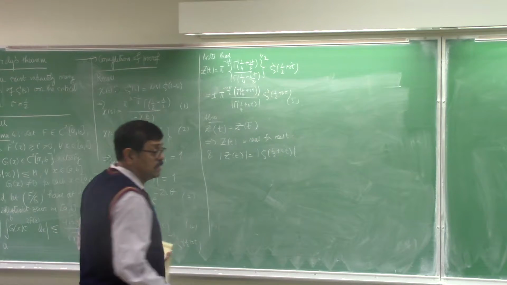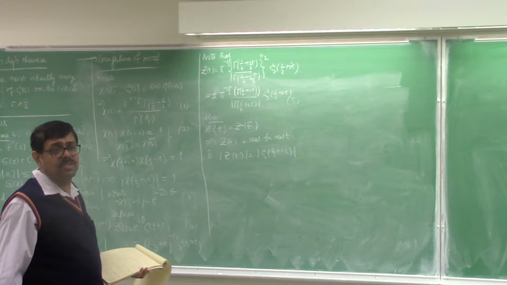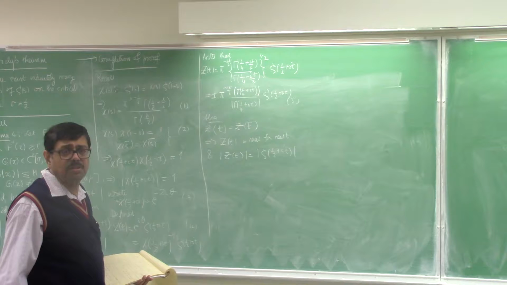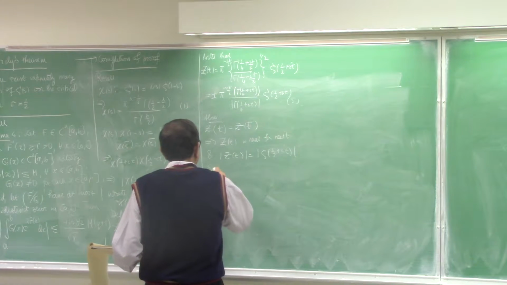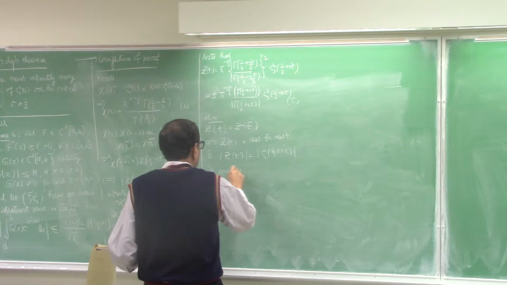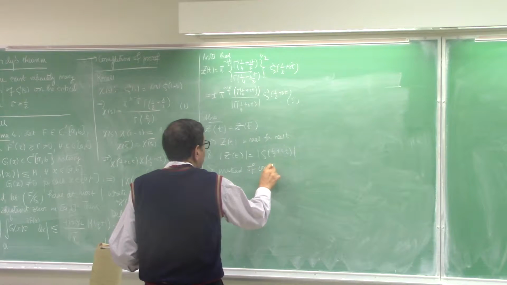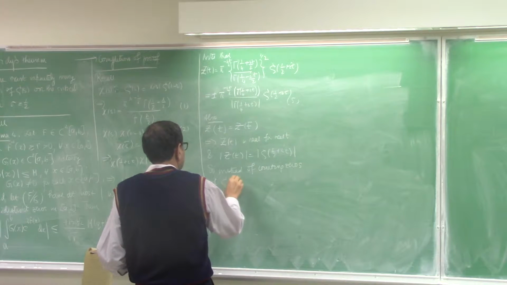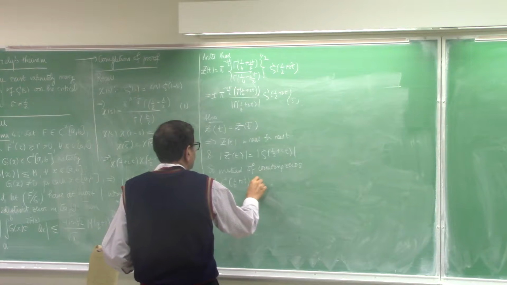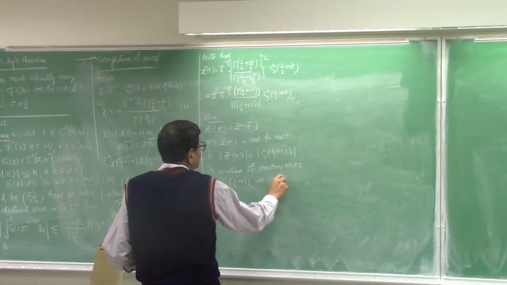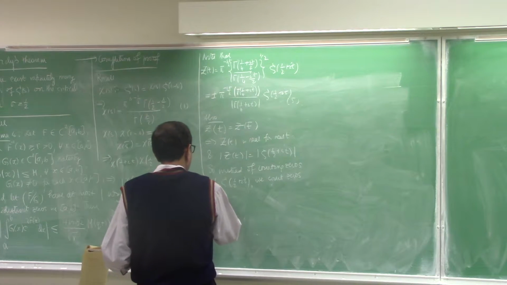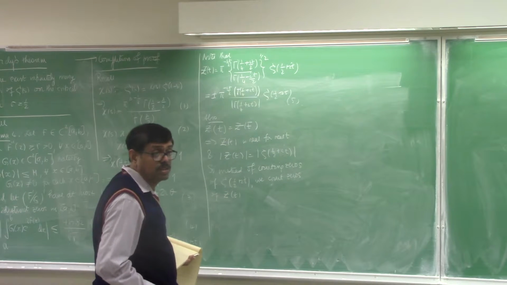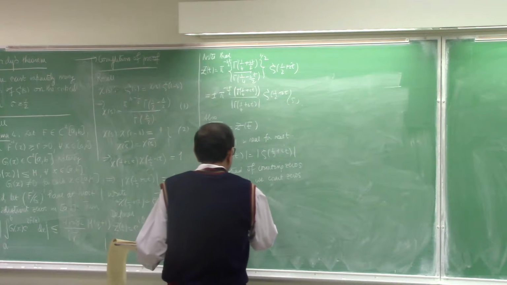So we're going to replace counting the zeros of zeta of half plus it by counting the zeros of z of t, which means we count the number of sign changes of z of t. So z of t is real.